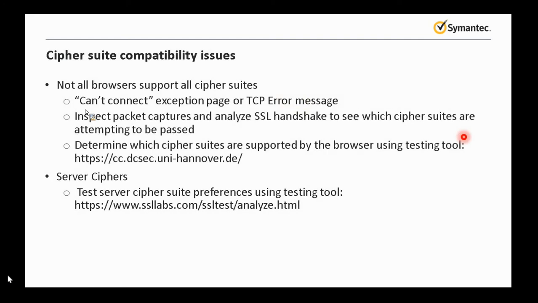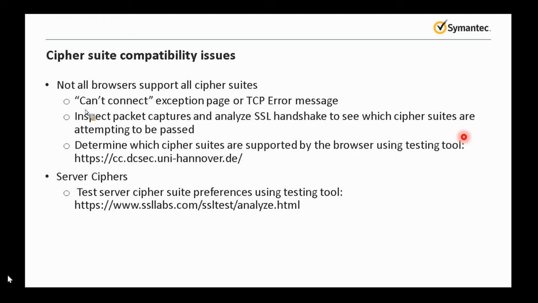Another potential issue is cipher suite compatibility. As long as you are using a new browser version, this type of issue may not happen often, because most browsers, especially new ones, are updated with new cipher suites.